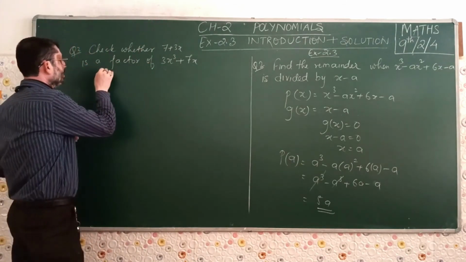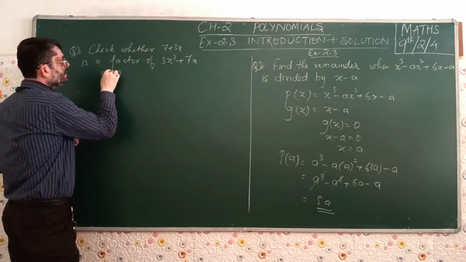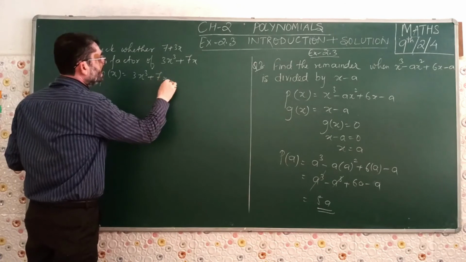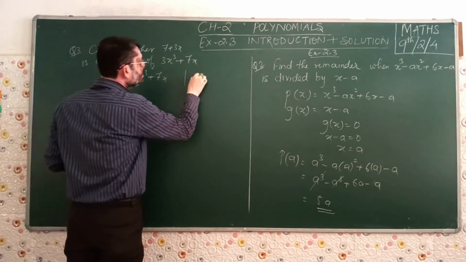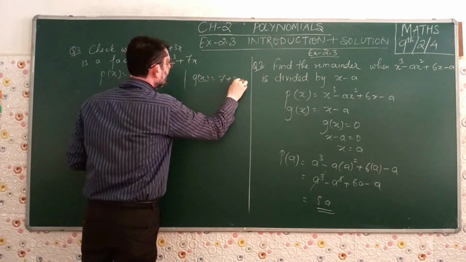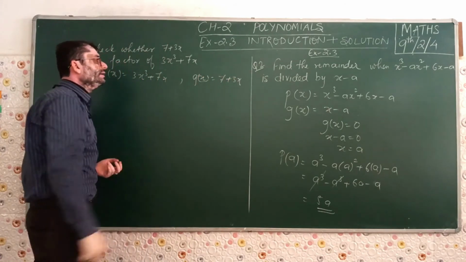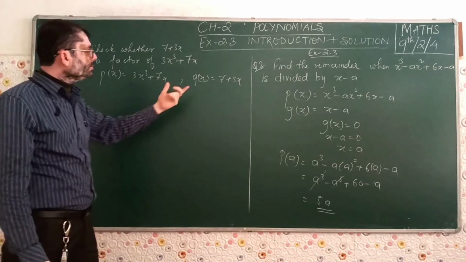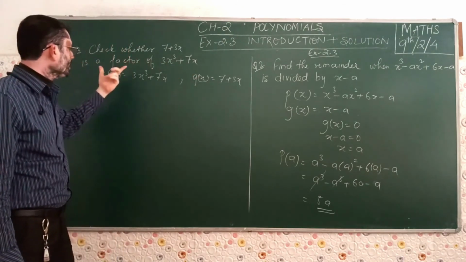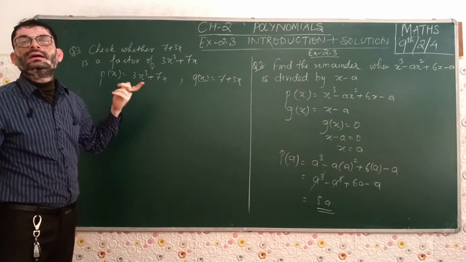So we are given p of x equals 3x cubed plus 7x. We are also given g of x equals 7 plus 3x. We need to find the value of x from g of x, and that value of x is to be substituted in p of x to get the remainder.